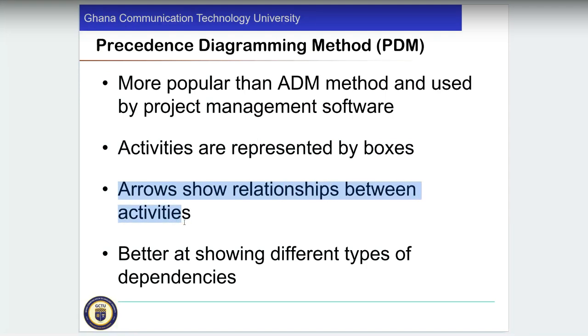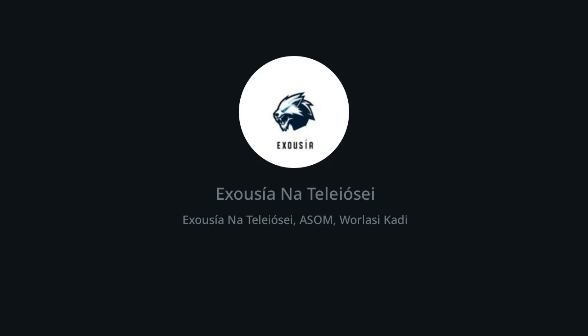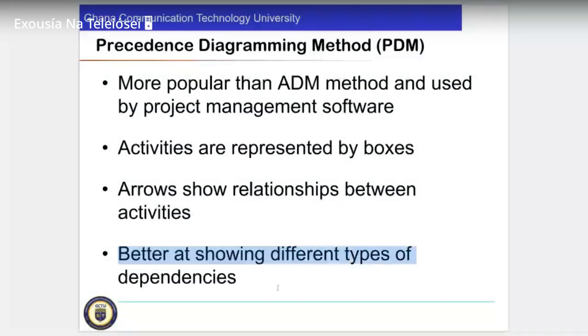Arrows show relationships between activities. It is better at showing different types of dependencies. Okay, so let's move on.